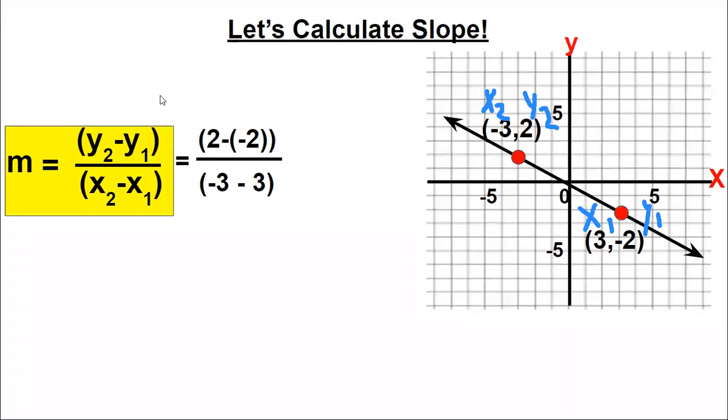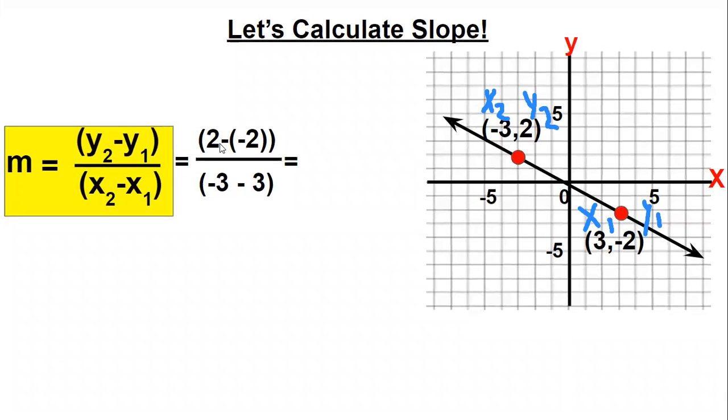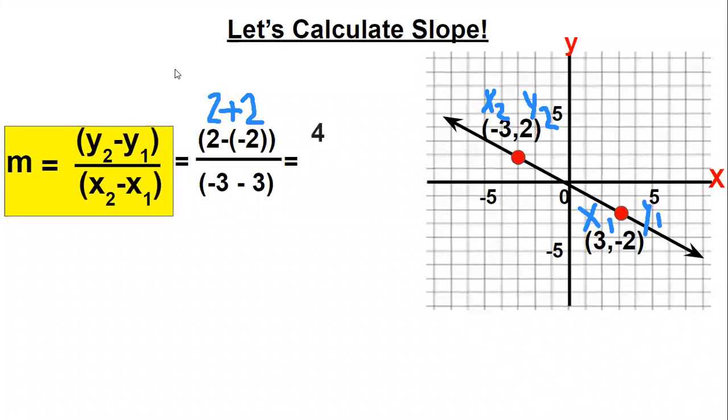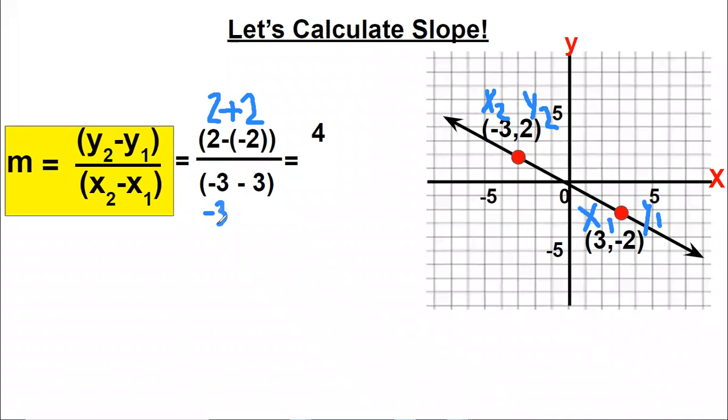Then we just do the math. So what is 2 minus -2? That's the same as 2 plus 2, right? Because two negatives cancel each other out. So that's the same as 4 on top. What's -3 minus 3? Well, that's the same as -3 plus -3.